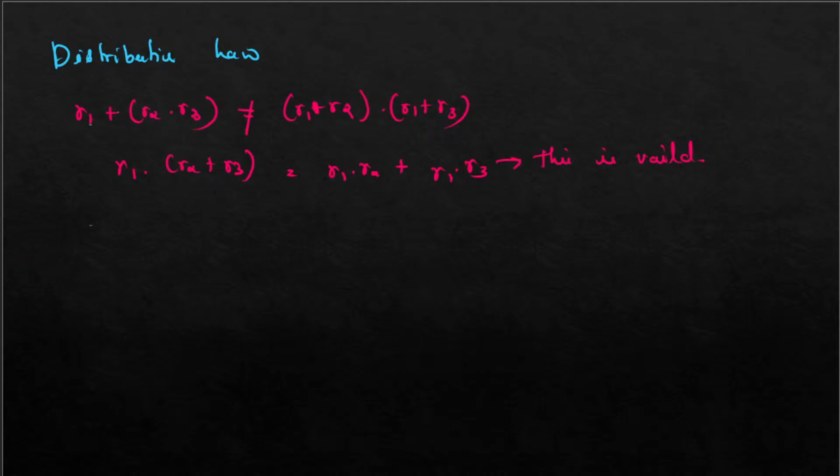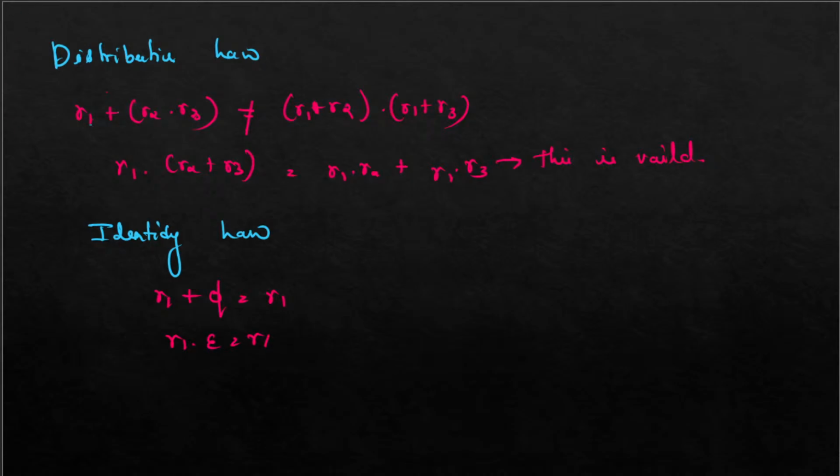Identity law. So the identity law is R1 plus phi is R1. After that, R1 into epsilon is R1.